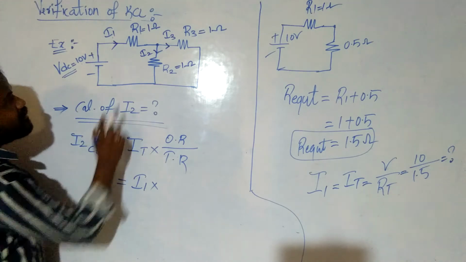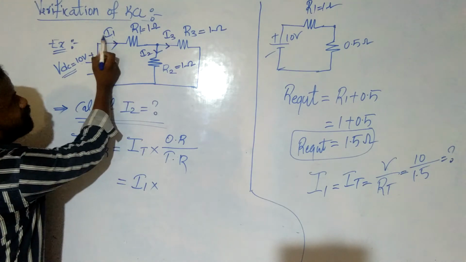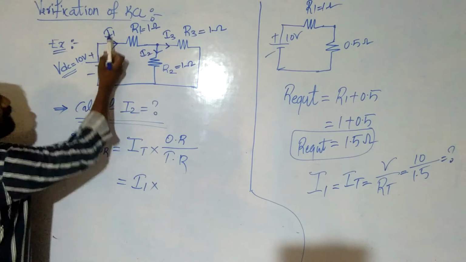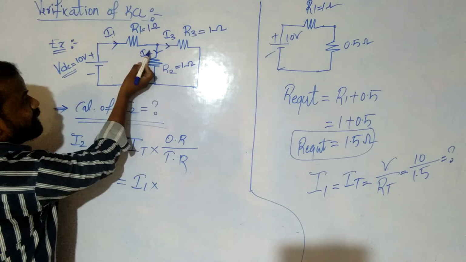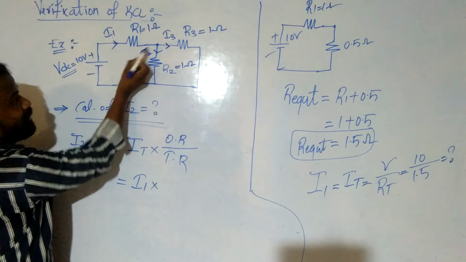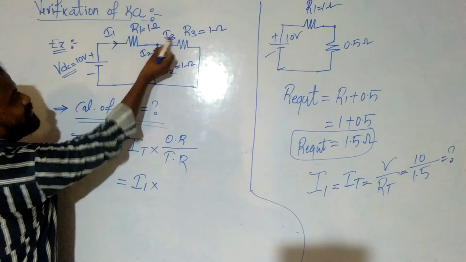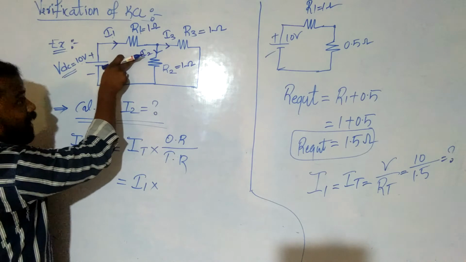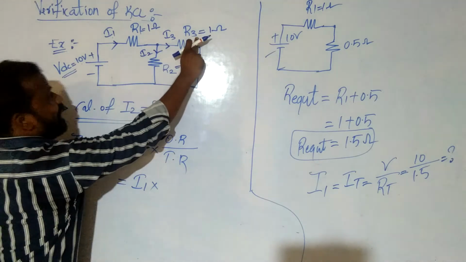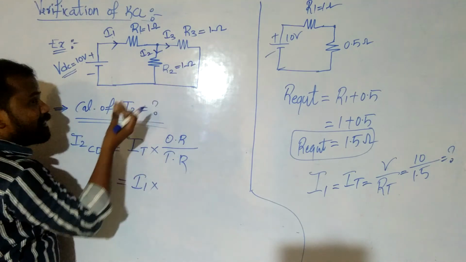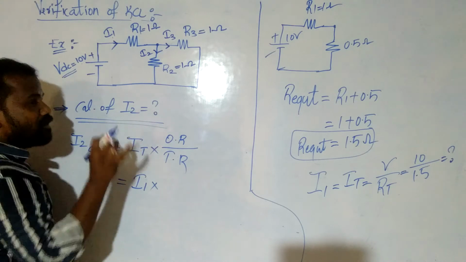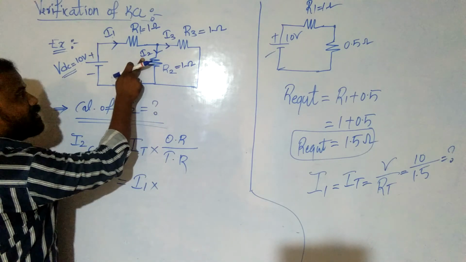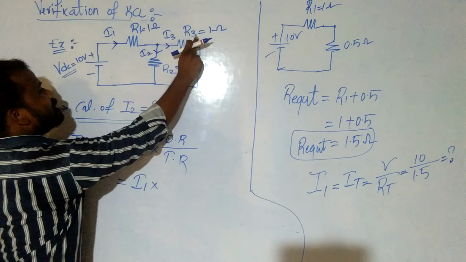The total current I1 is coming into the junction point, and from I1, I2 is divided and I3 is divided. So to calculate I2, the opposite resistance is always R3, because we need to consider the divided currents only.